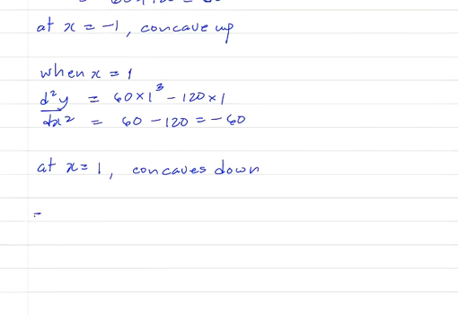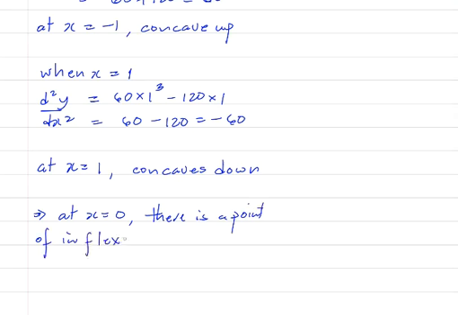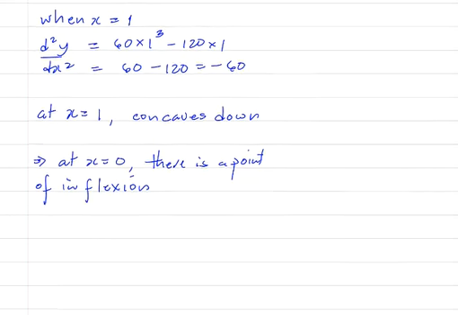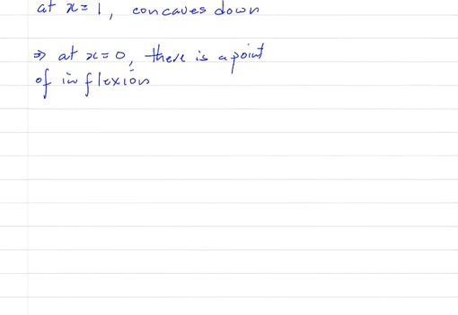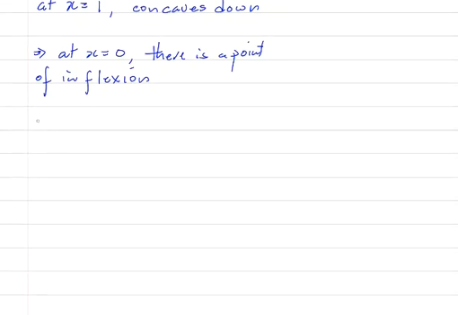Therefore, at x is equal to 0, there is a point of inflection. All right. We could now also check the point at, let's say, x is equal to the root of 2.